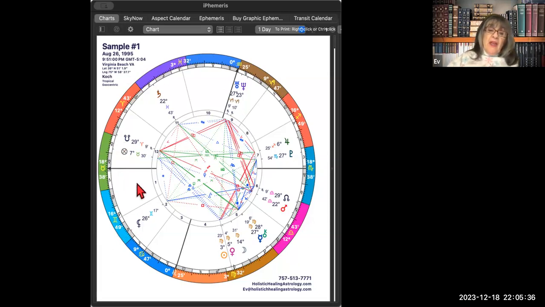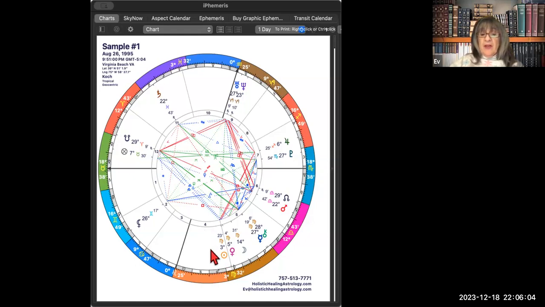So every planet has a corresponding degree and a corresponding sign, and it lives in a corresponding house. So this is the sun in 3 degrees Virgo in the 4th house.